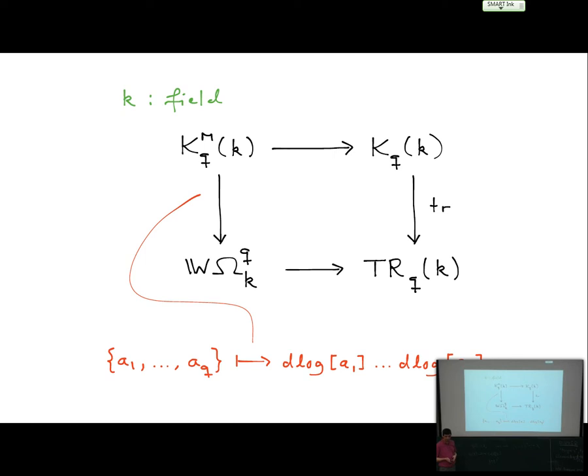This is a theorem of Geisser and Levine. And Con mentioned a theorem of myself which says the same for the lower map.